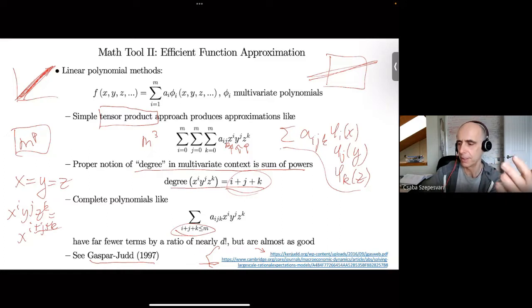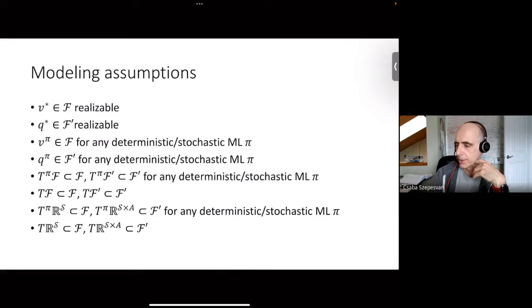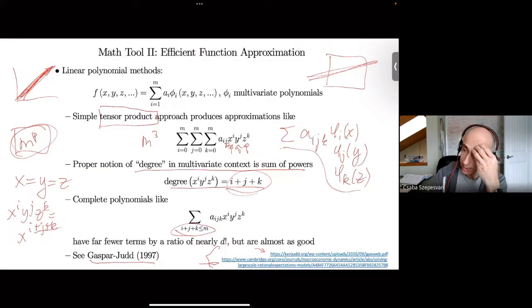The number of coefficients doesn't have to scale like this. All right, so that's a little inlet about tensor products and why not use them.